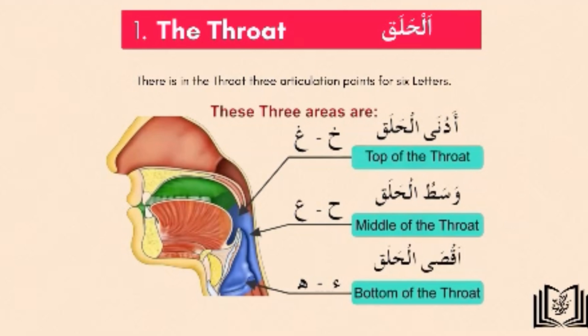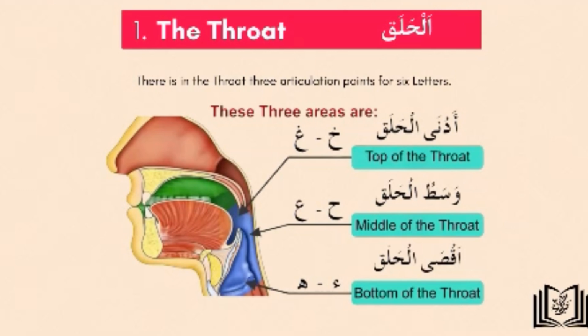Once more, I'm repeating. When you're practicing Aqsal Halaq, Hamza and Ha, you have to keep your hand on your chest and read louder. If you feel a vibration in your hand, it means you're reciting it correct. Next, for Wasatul Halaq, keep your fingertip on the middle part of your throat. When you are spelling those 2 alphabets, you will feel your throat touching your fingertip.